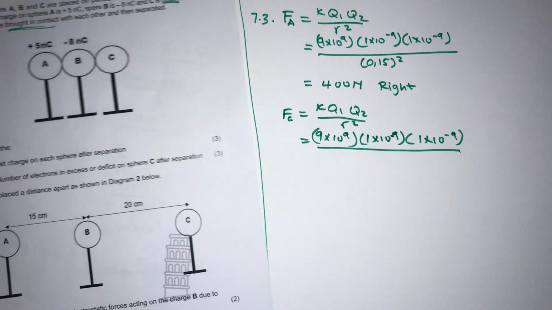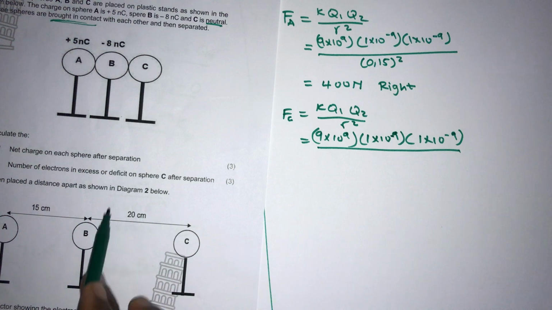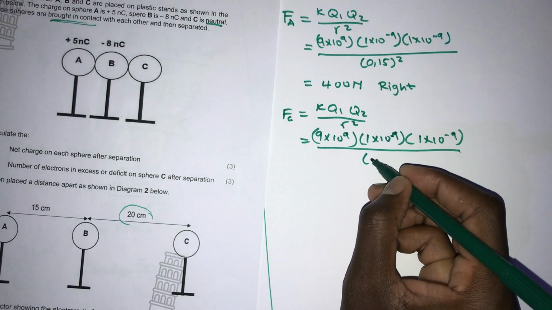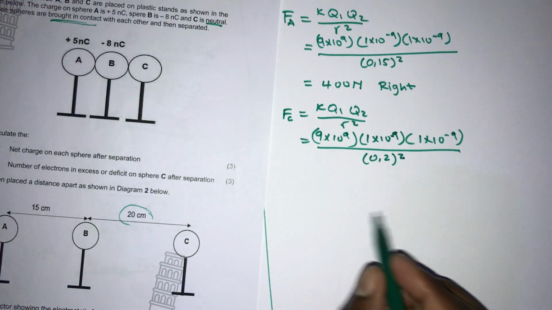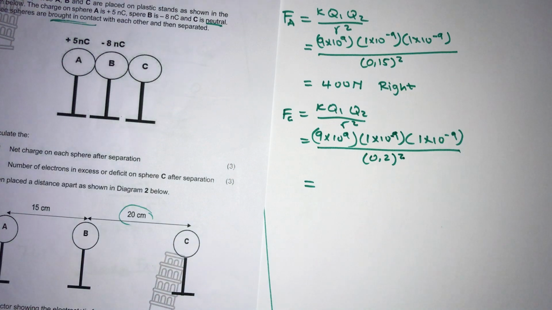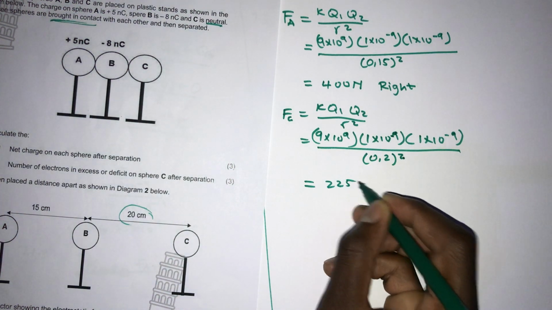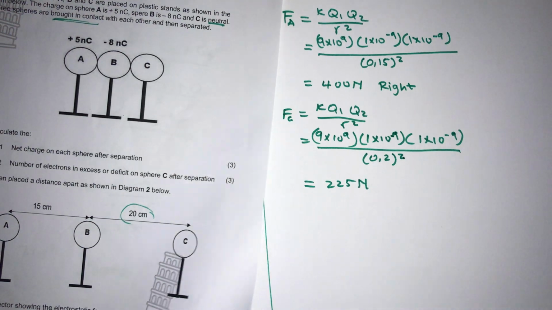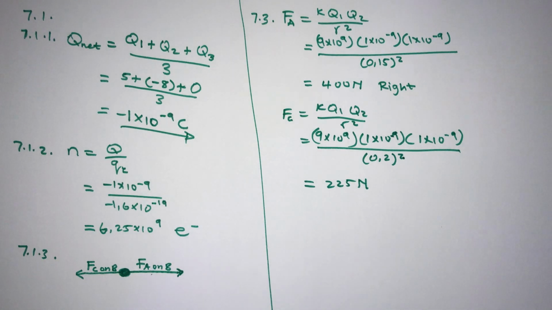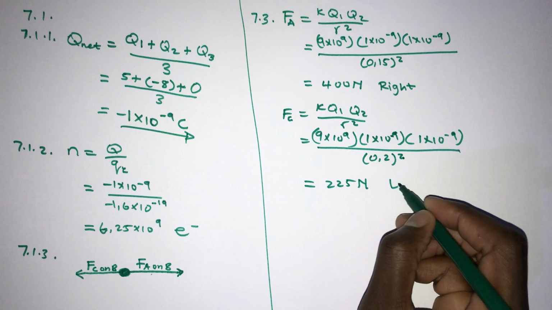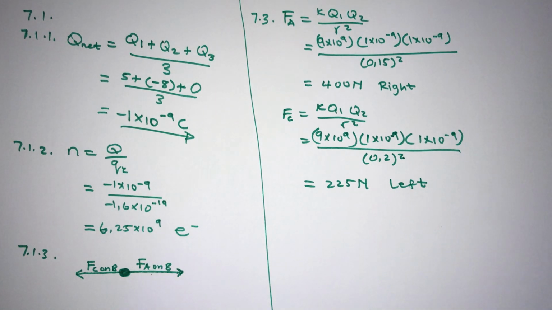The distance between B and C is 20 centimeters, so 20 divided by 100 gives us 0.2, then squared. Don't forget to square. The answer is 225 Newton. The force exerted by C on B is going to the left.